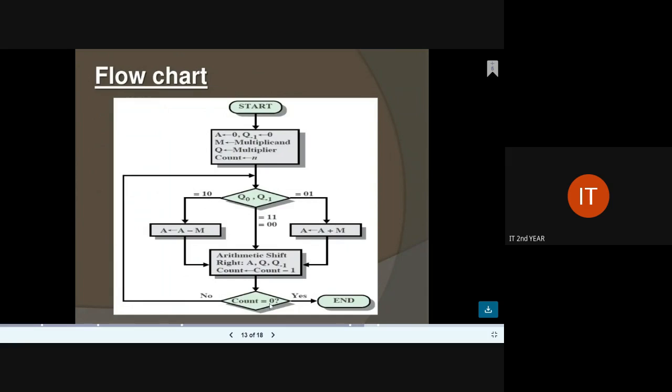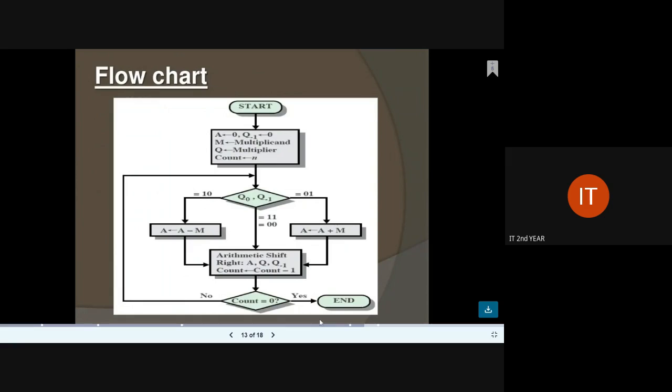If the count value is not equal to 0, then it starts from scratch, that is, if Q naught, Q minus 1 is equal to 10, it moves on to A tends to A minus M, or if it is equal to 01, then A tends to A plus M. Likewise it will keep going on.